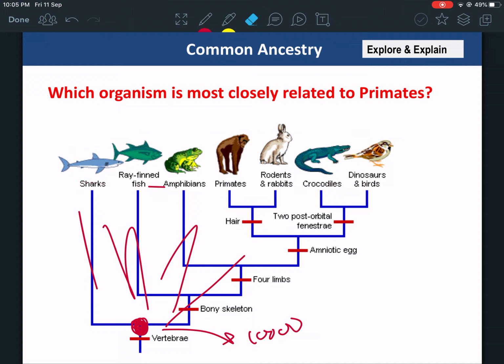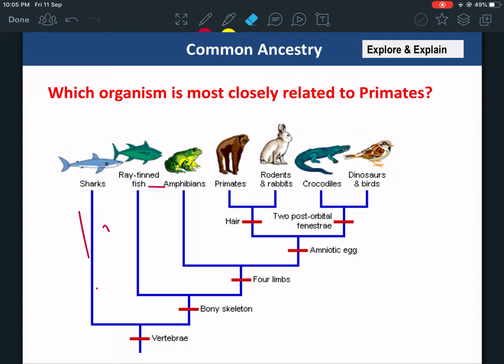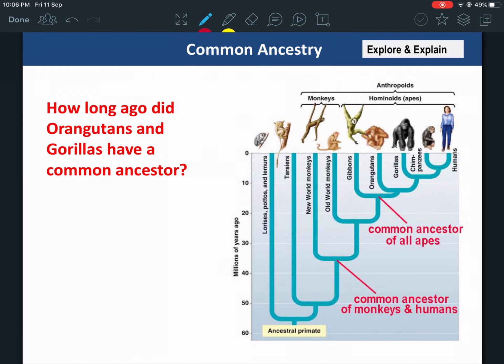So that's common ancestry. They all have an ancestor in common, and they all evolved from that ancestor.